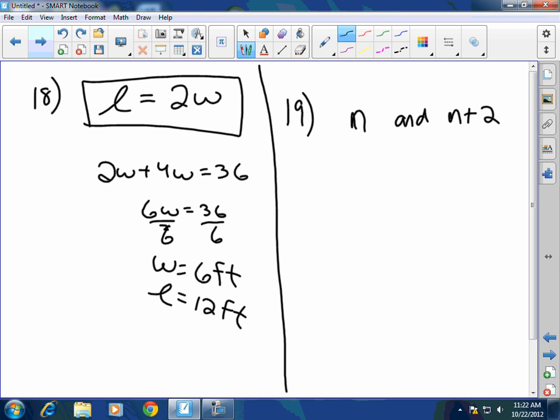So if I say the sum of 2 consecutive integers, wouldn't it be n plus 2? Apparently the answer is no, because nobody reads. 2 consecutive integers can be modeled by n and n plus 2, where n is an odd integer.